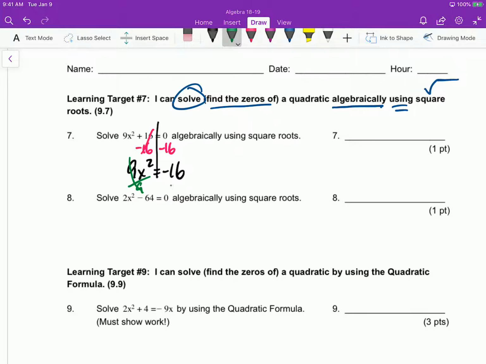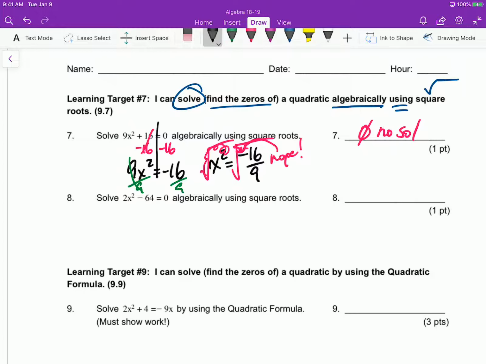So I end up with this awkward x squared equals negative 16 over 9. Not only is that a fraction, but the keyword here is it's a negative 16. So when I go to take the square root to get x by itself, nope, can't have that negative sign in a square root. So this one would be no solution.